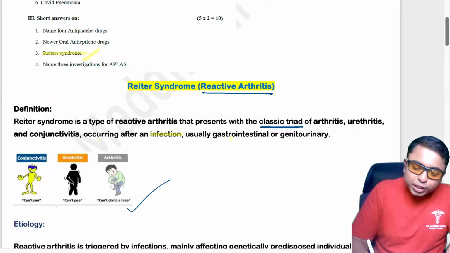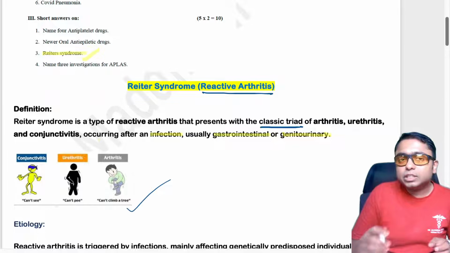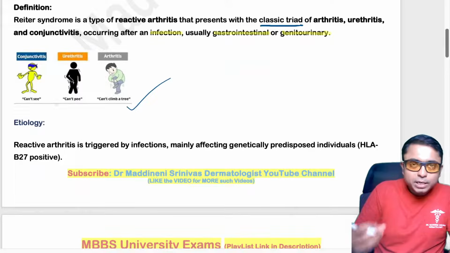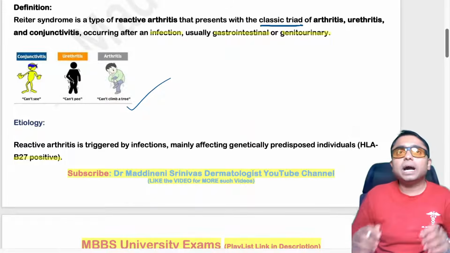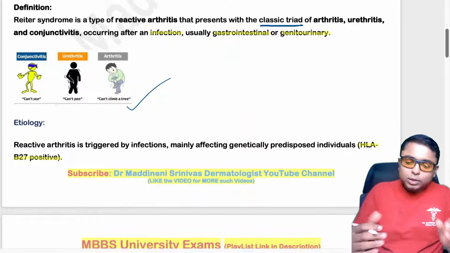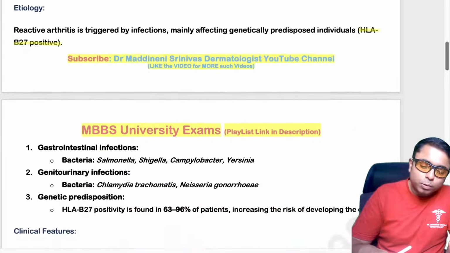It occurs after an infection which could be in the gastrointestinal tract or in the genitourinary system. So what is the exact etiology? What are the causative organisms you are going to see? But before that, remember it is going to be associated with HLA-B27. Very important. If you write these important points in the theory exam, you are going to get good marks.